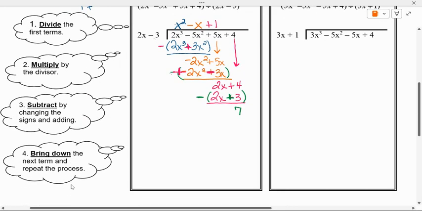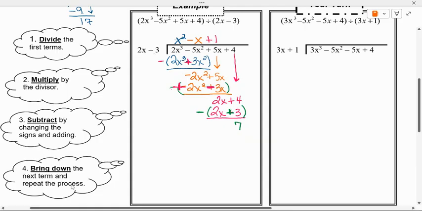So normally we bring down the next term and repeat the process. But when I take my remainder, do you guys remember when you were little and you used to write r equals your remainder, 7 or whatever? You can't do that, right? So I know that my final answer is x squared minus x plus 1 plus 7 divided by 2x minus 3.